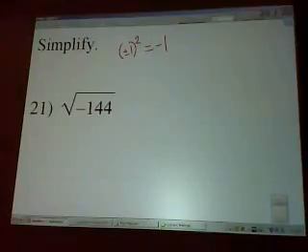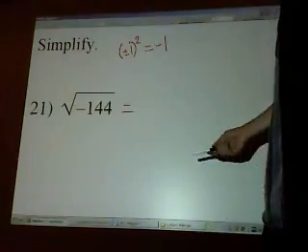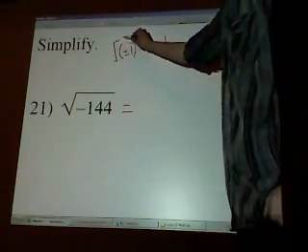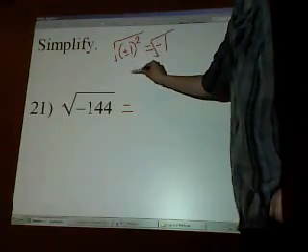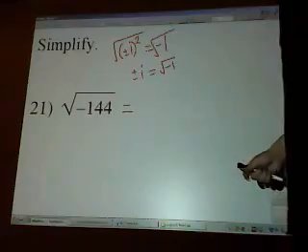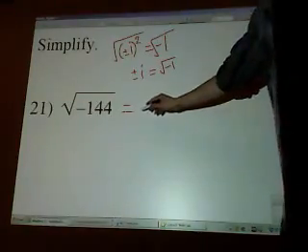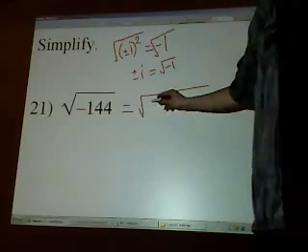So let's check it out. Let's do this problem the way we usually do it. If I take the square root of both sides, then I see plus or minus i equals the square root of negative 1. Now we just break open the square root of negative 144.